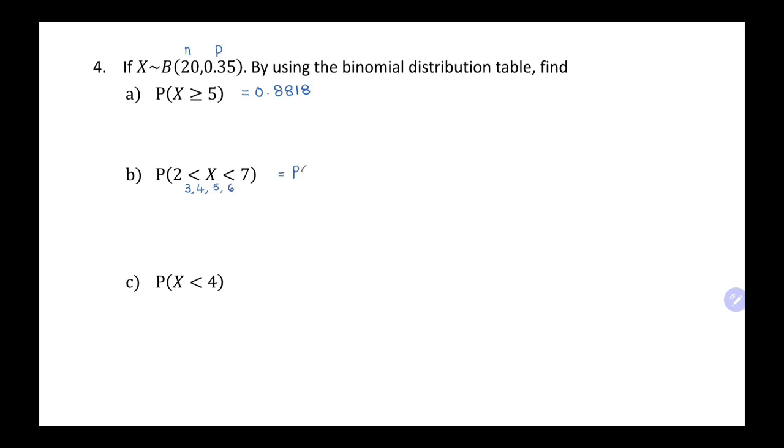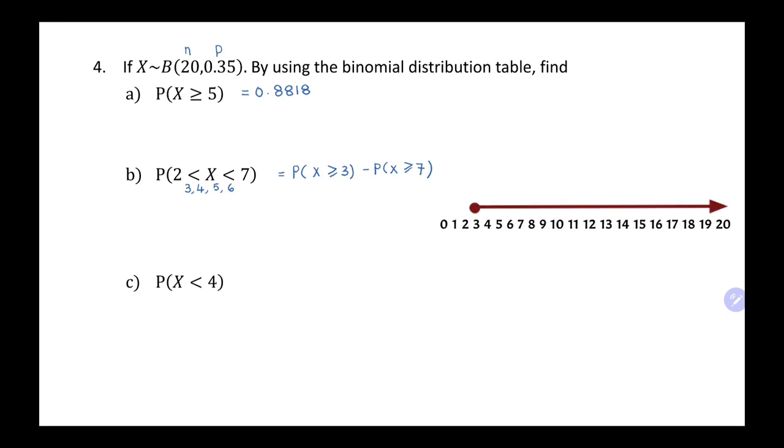We use P(x greater than or equal to 3), minus P(x greater than or equal to 7). Why do we use 3 minus 7? X greater than or equal to 3 means we start from 3 until 20. X greater than or equal to 7 means 7 until 20. We minus the same numbers, so we get 3, 4, 5 and 6. That's why we use 3 minus 7.